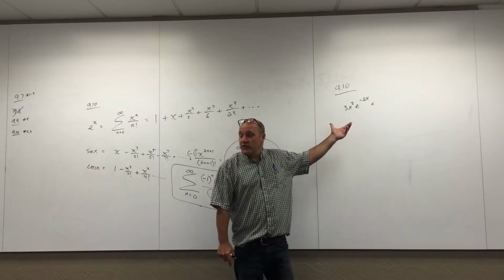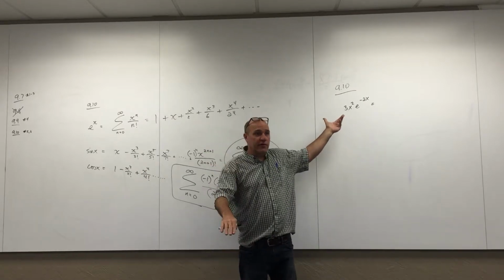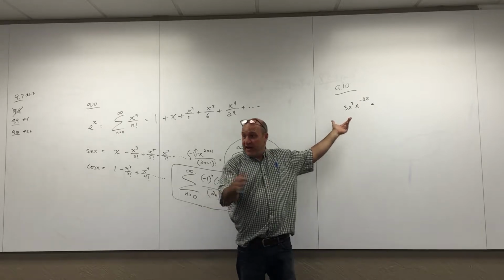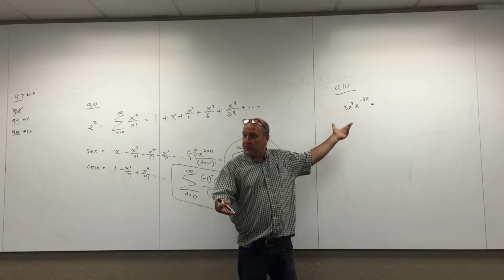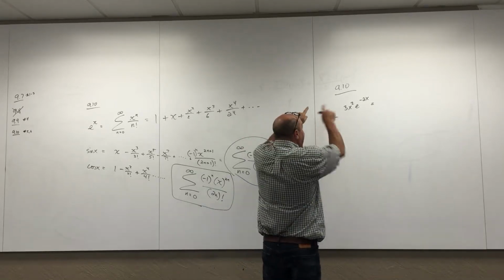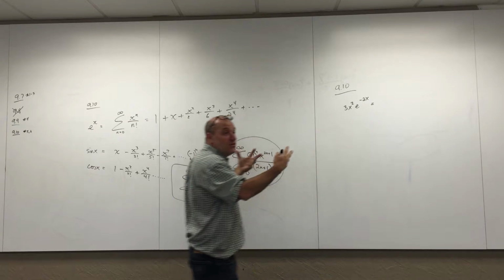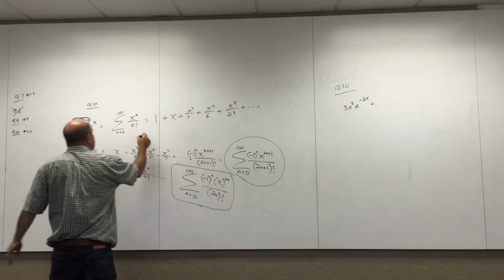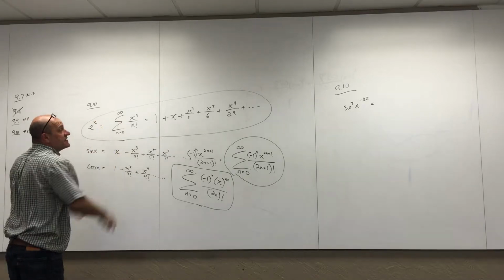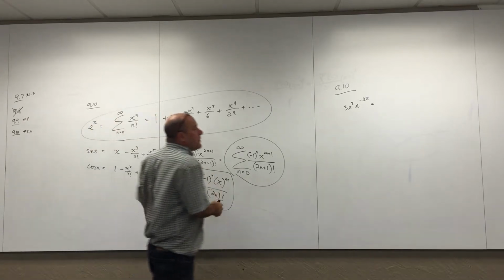In 9.7, you'd say, oh no, I've got to do 4 or 5 derivatives, build a Taylor polynomial, see if I can see a pattern, then maybe I'll have a series. But using 9.10, you get to use what's already been built. So you get to use this. Now, if this is e to the x, how do you get e to the negative 2x?